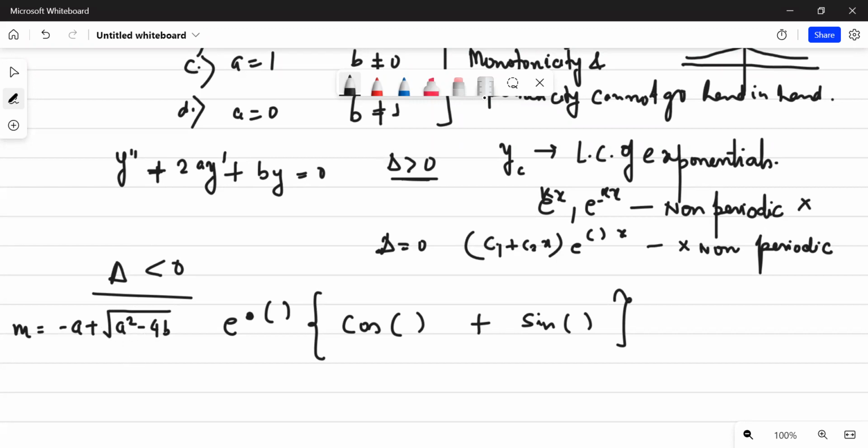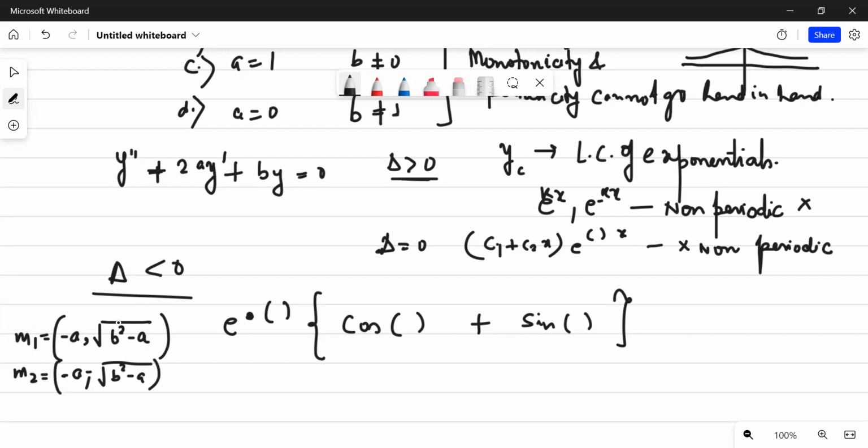So I'll write m1 as minus a, comma, root over b square minus a, and m2 as minus a minus root over b square minus a. Is that clear or not? यही आएगा, कर लो इसको. If you want to find the roots, you can find it on your own. It will be minus a plus iota root over b square minus a. Is that clear or not clear?